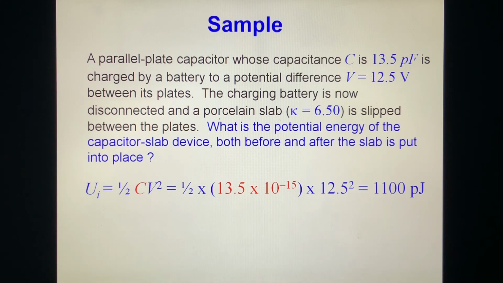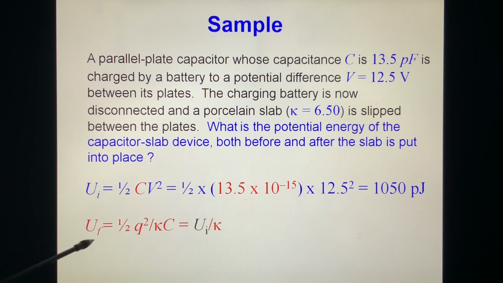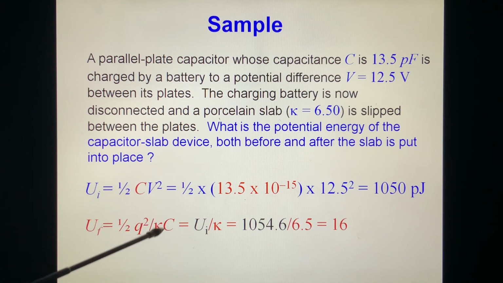This is the answer before the slab is put into place. After the slab is put into place, U final equals half Q squared over kappa C. You calculate and you get the answer.